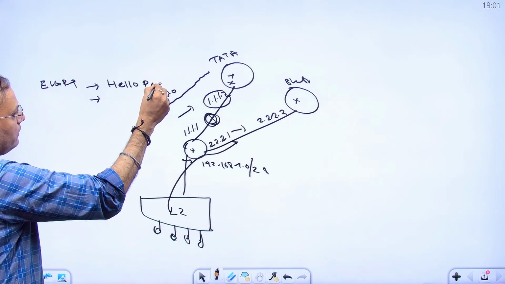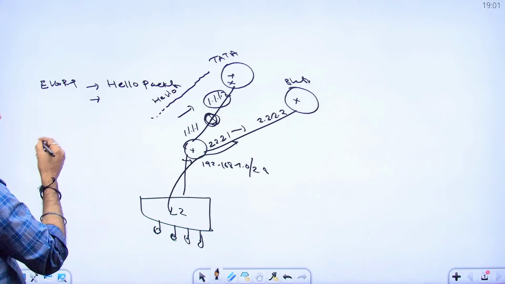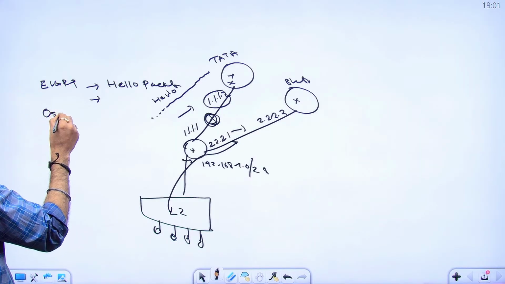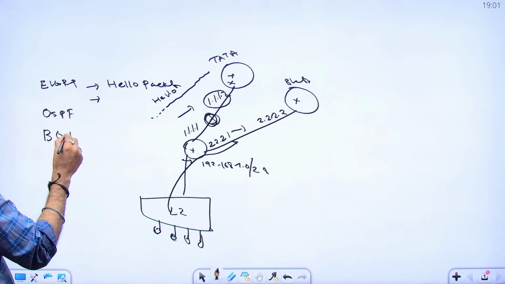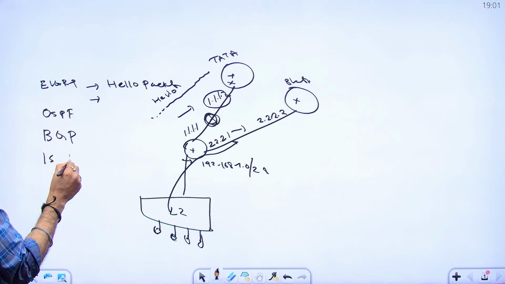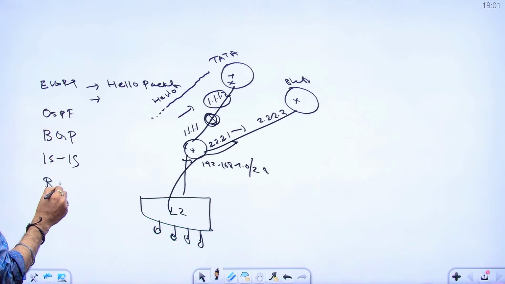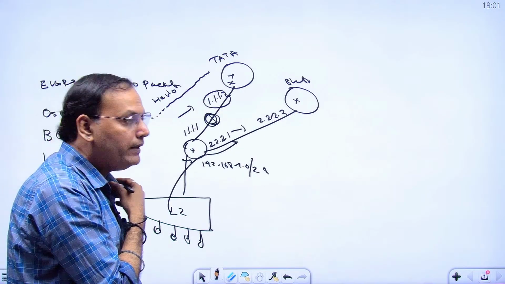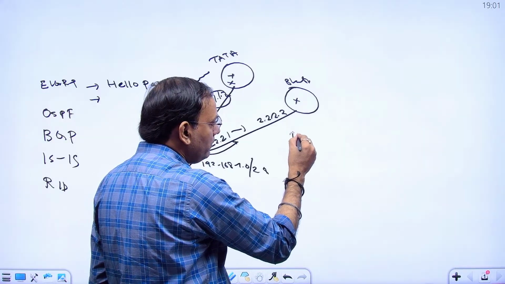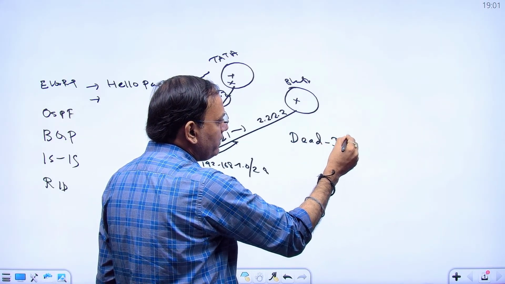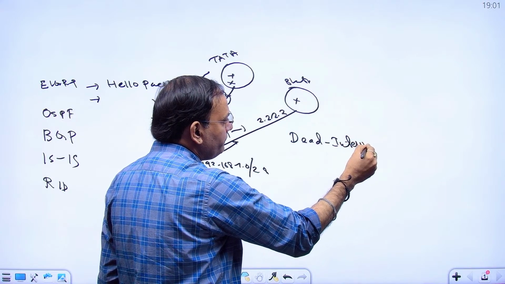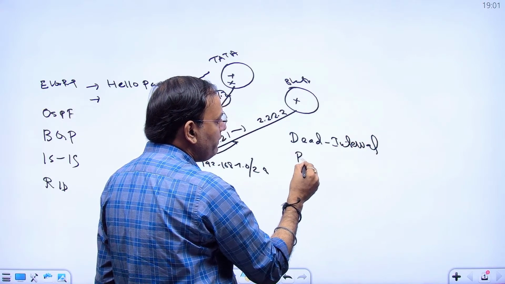Every protocol, whether it is EIGRP, OSPF, BGP, ISIS, or RIP, sends hello, and if I am not getting a reply within a defined dead interval, the neighborship goes down. I can also change the hello and dead intervals by using BFD.